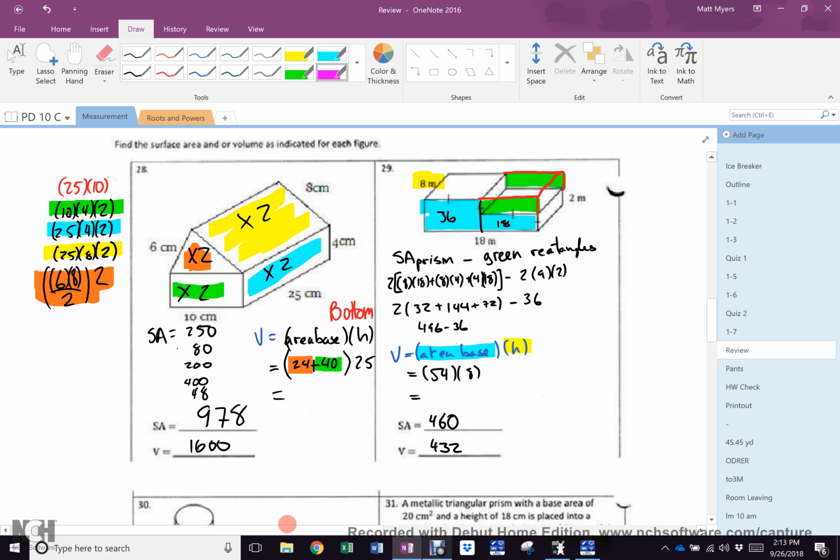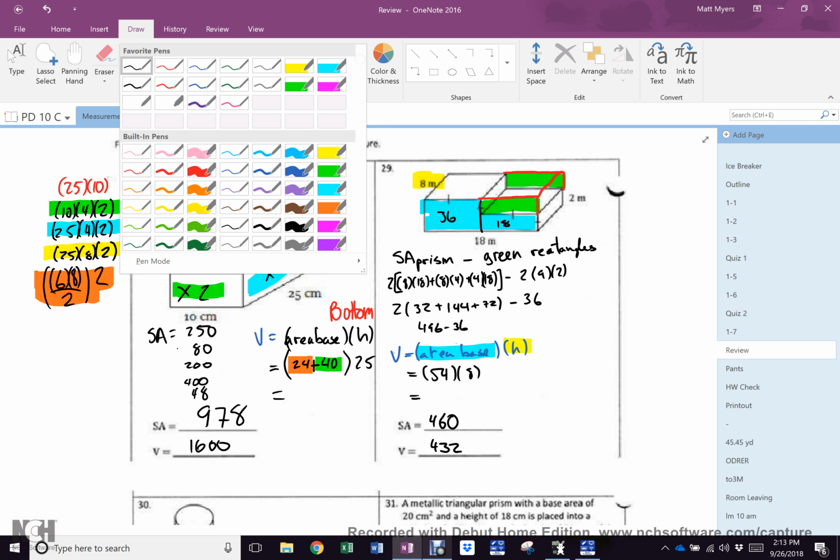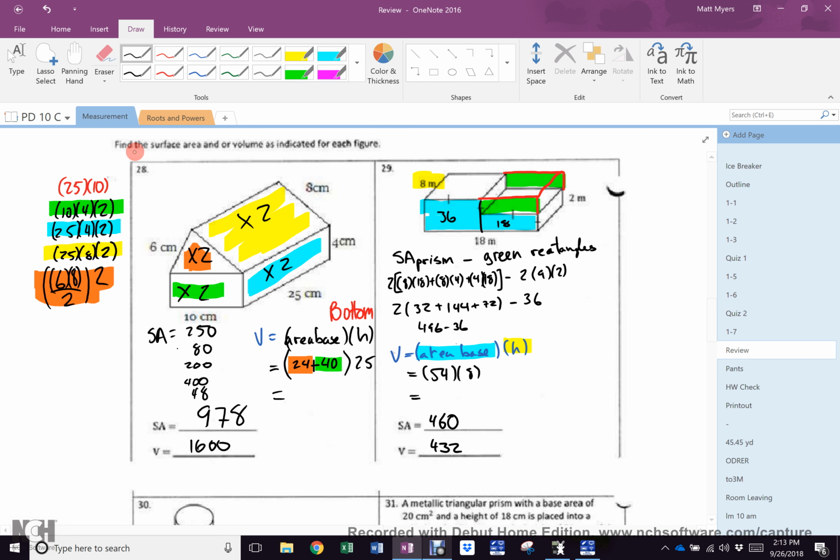There is the next work. Now, each answer is worth 1 mark. So, when you give me the surface area, that's worth 1. When you give me the volume, that's worth 1. Please listen to me. There is more than one way to find all of these answers.